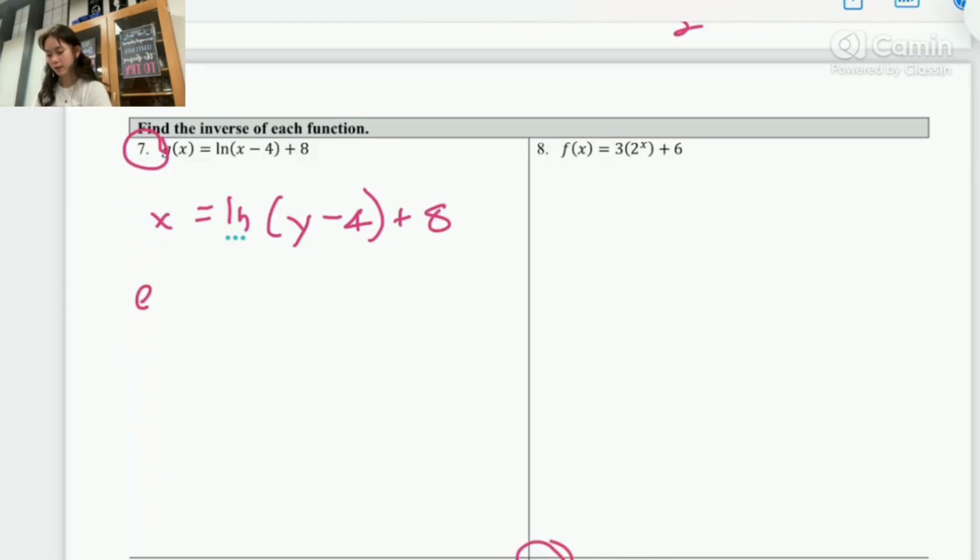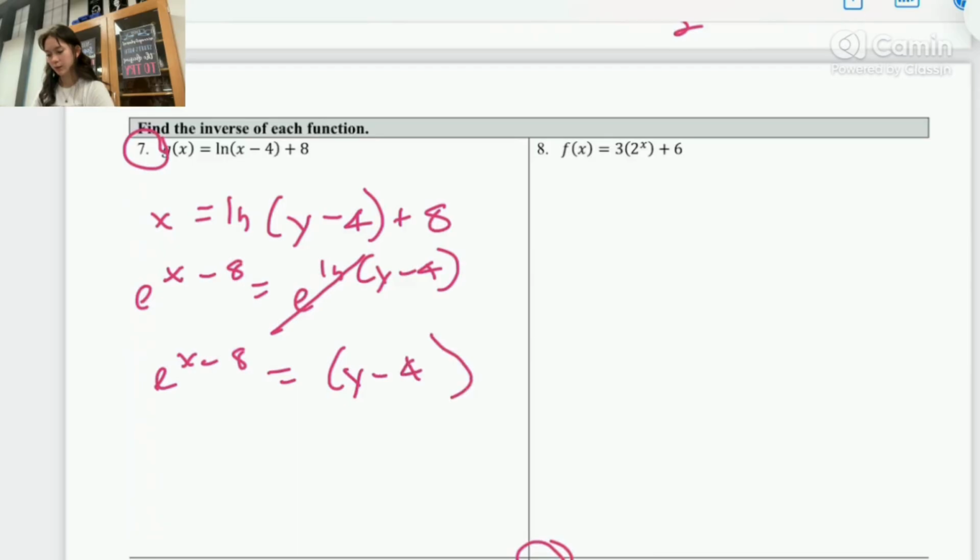We already subtracted 8 from both sides in this instance, so we're going to do e to the power of x minus 8 equals e to the power of ln of y minus 4. And then from there, that'll get rid of this one. So it'll just be e to the power of x minus 8 equals y minus 4.